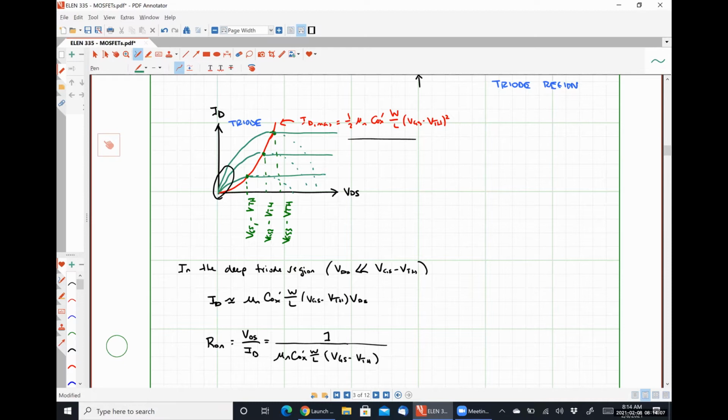Now, if you recall, the characteristic curve for a BJT looked similar to this, except that saturation was on the left where it was increasing, and forward active was where we had a constant value. That can be a little bit confusing.